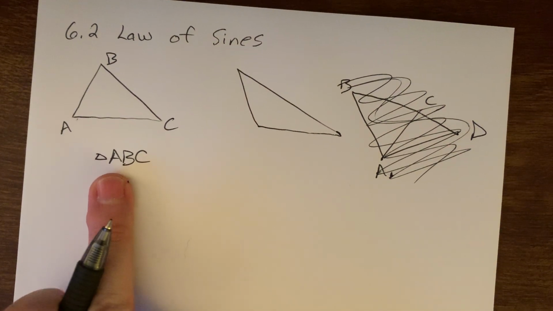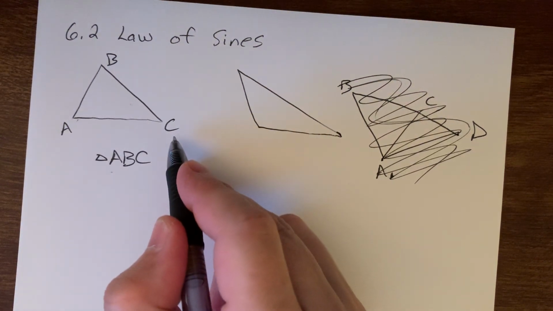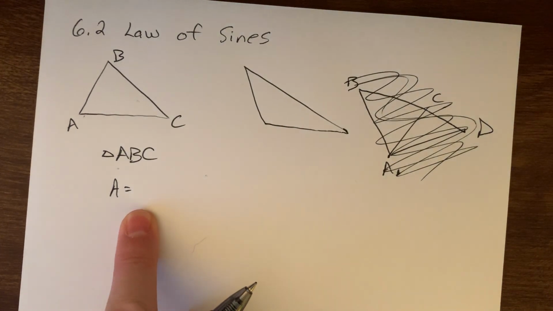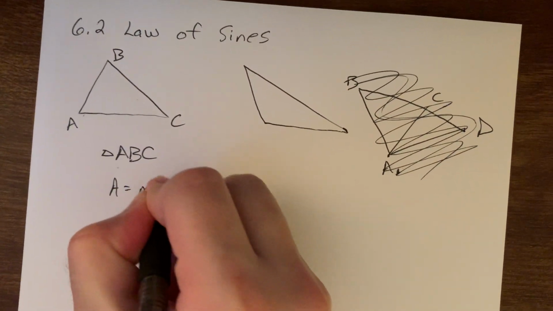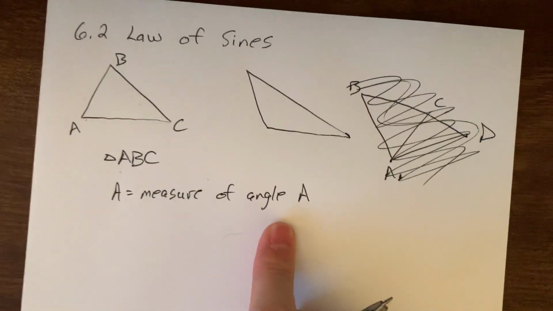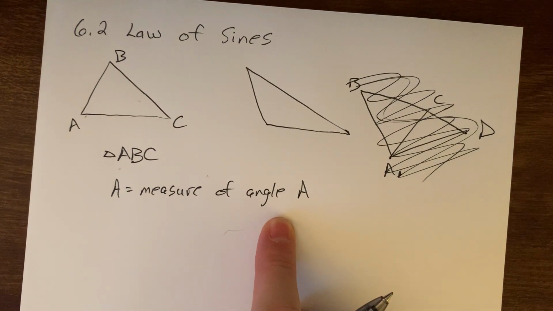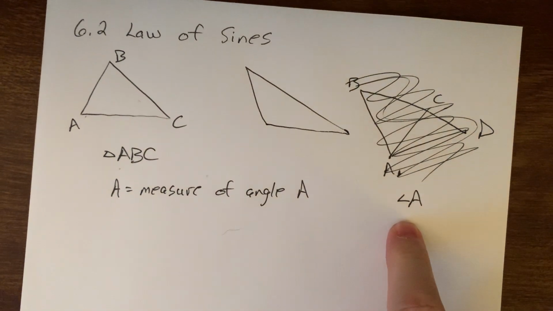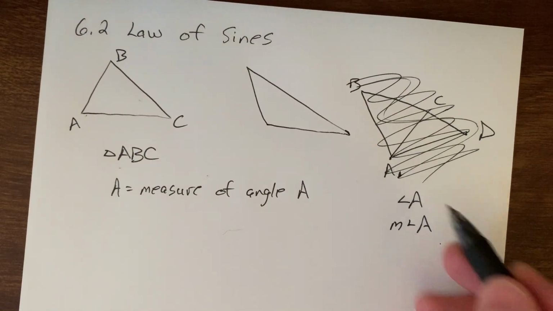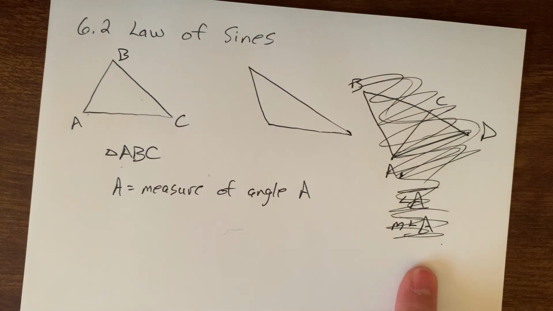So with this slightly easier situation, when we look at angles, we can just refer to the vertex. If I just write capital A equals, that is literally referring to the measure of angle A. In geometry, we had to use a notation to distinguish that this just refers to angle A, and this refers to the measure of angle A. But again, we're simplifying that notation here.